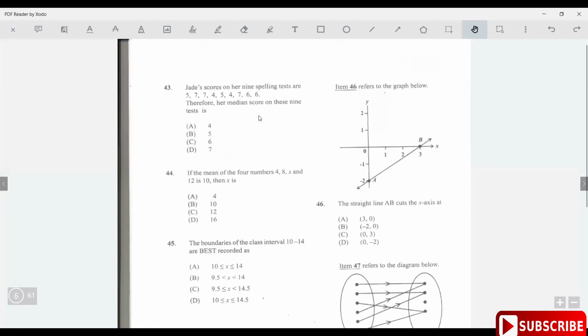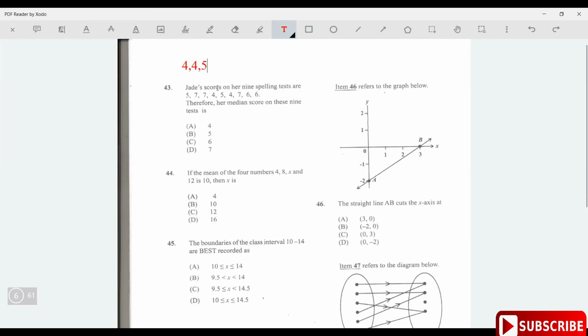Question 43. Jade's scores on her 9 spelling tests were 5, 7, 7, 4, 5, 4, 7, 6, 6. Therefore, what is her median score on these 9 tests? Now, in order to find the median, you need to rearrange the numbers in order. So write it from 4, 4, then 5, then 5, then 6, then 6, then 7, then 7, then 7.